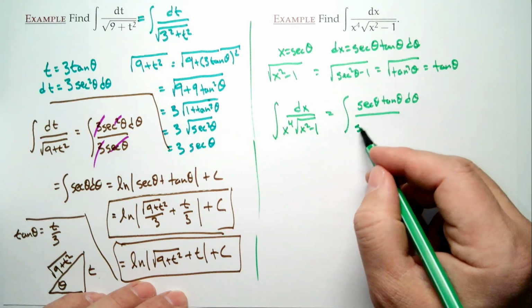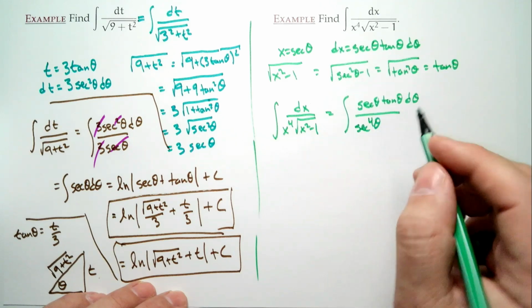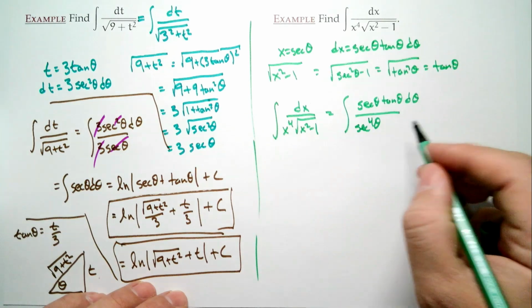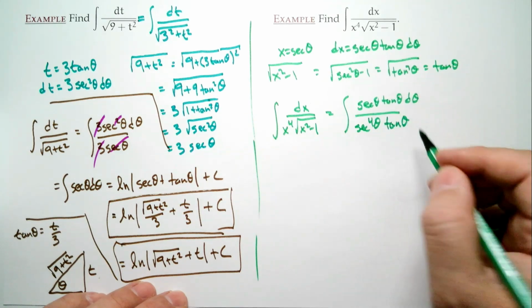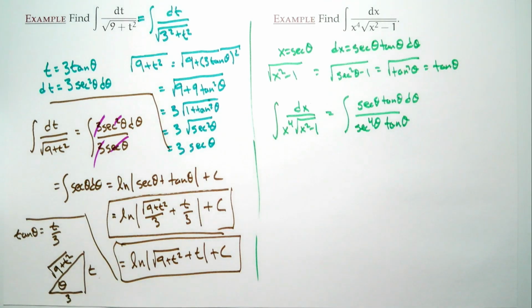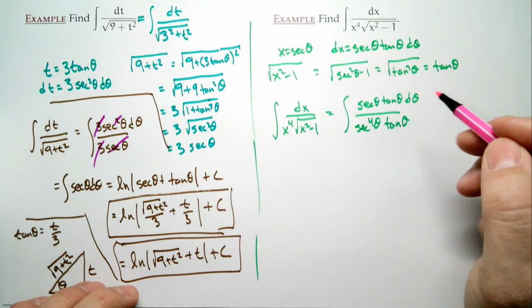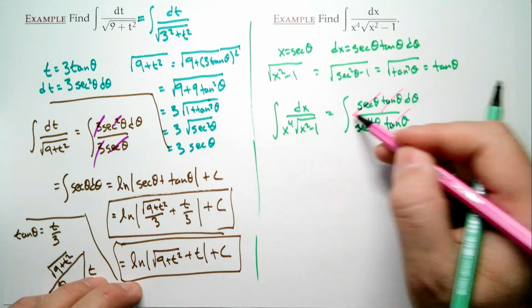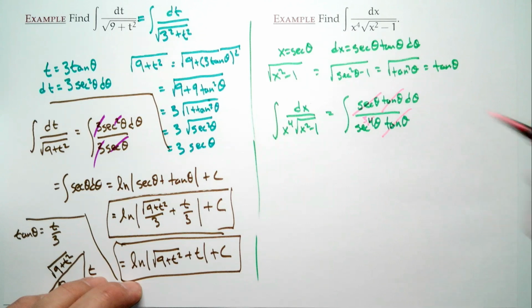Secant to the fourth. Square root of x squared minus 1 will become tangent. Now, what can we do? We can do some cancellation. What cancels? Tangents cancel. Anything else? One secant cancels. So this becomes secant cubed downstairs.